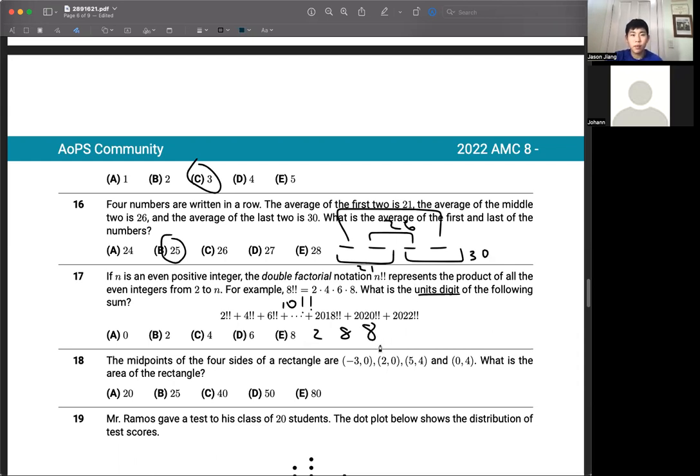And 8 double factorial is 2 times 4 times 6 times 8, which ends in 4. So now all we have to do is add these up, and it's 22, so the units digit is 2.